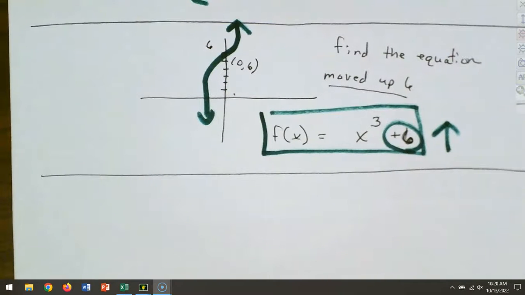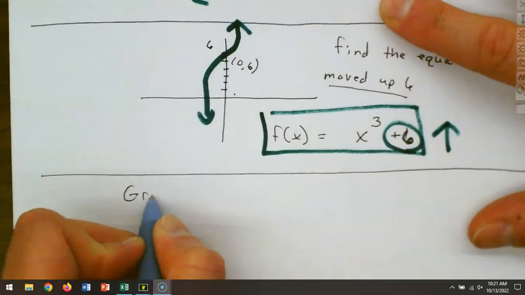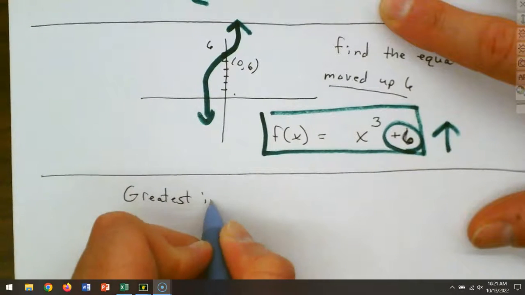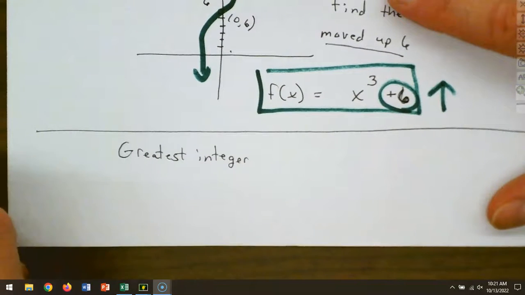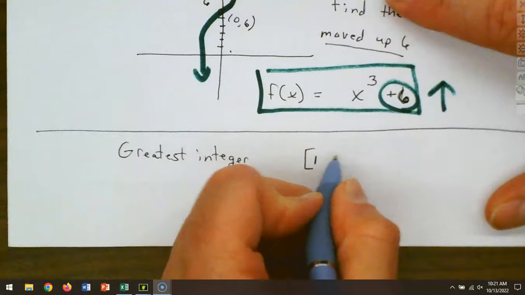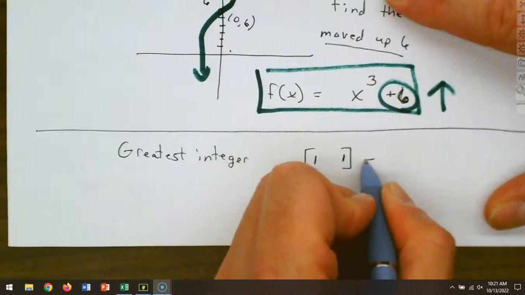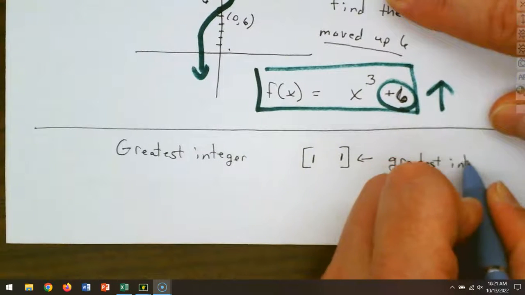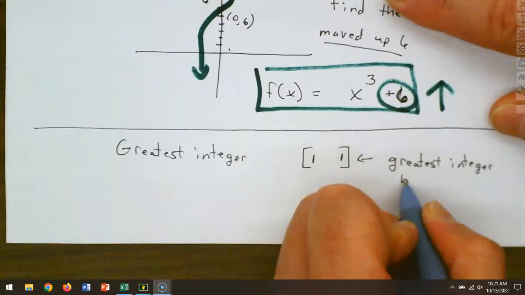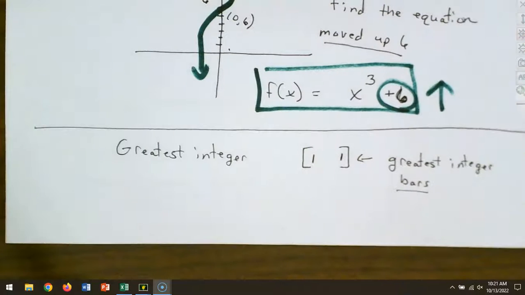Now let's look at another function. The next function that we're going to look at is the greatest integer. These are called greatest integer bars.